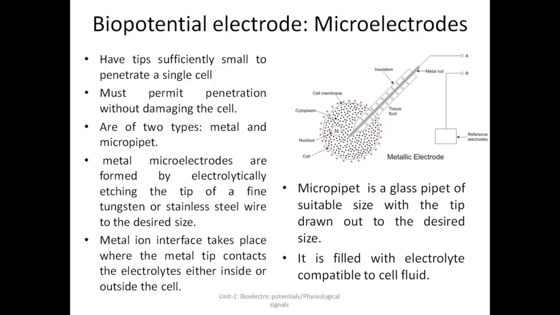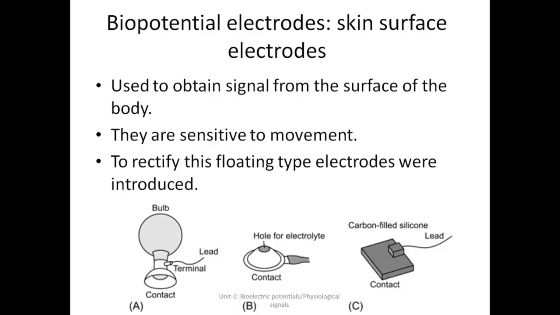The second category is the most popular one, that is the skin surface electrode that we see around. The electrodes used to obtain the bioelectric potential from the surface of the body are found in many sizes and many forms.